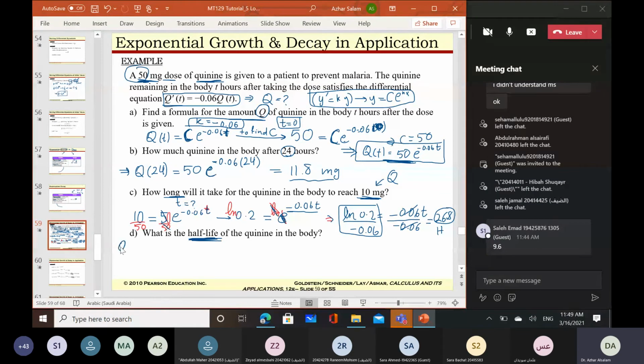The initial given quantity was 50. So for the half-life, half is 50 divided by 2, which is 25.